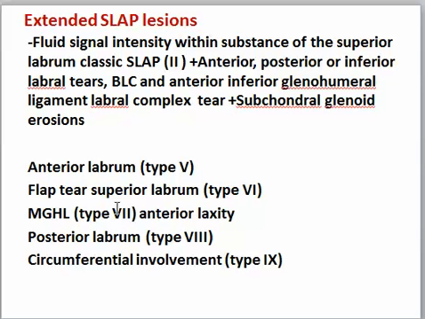If there is flap tear of the superior labrum, it's called type 5, type 6. And if there is involvement of the capsule, inferior glenohumeral ligament, it's called type 7. And if the posterior labrum is involved, which is very rare, it's called type 8, and so on.